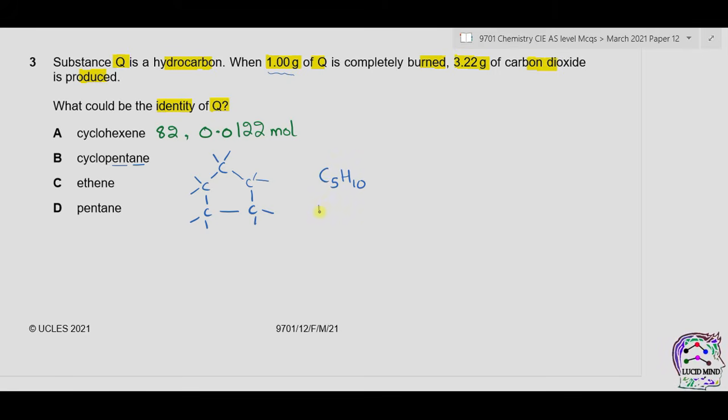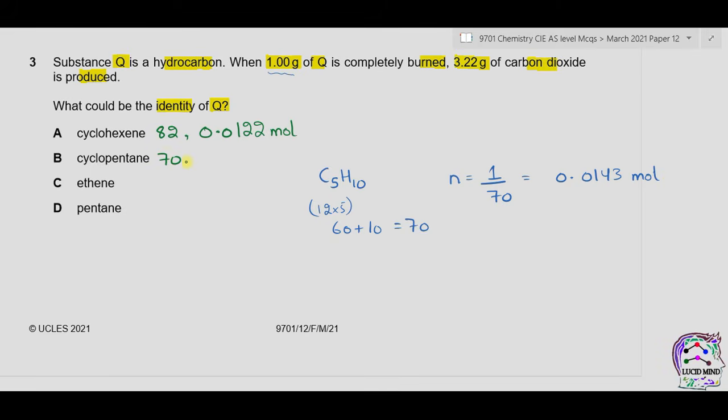Molecular mass will be 12 into 5, which is 60, plus 10, it equals to 70. Now number of moles will be mass in grams, which is 1 gram divided by molecular mass, which is 70. So it is equal to 0.0143 moles. So we can write 70 as molecular mass and 0.0143 as number of moles.